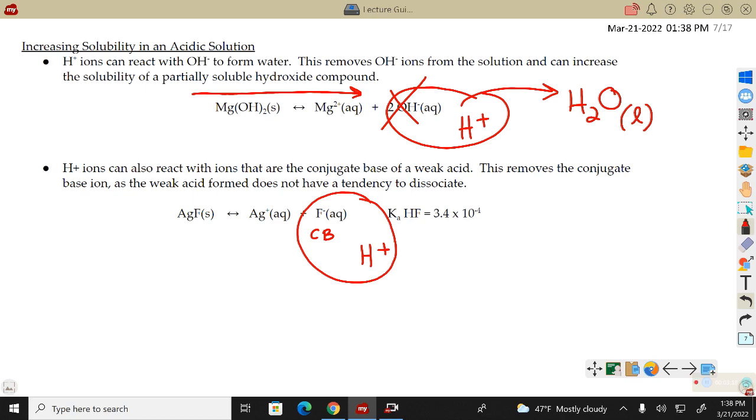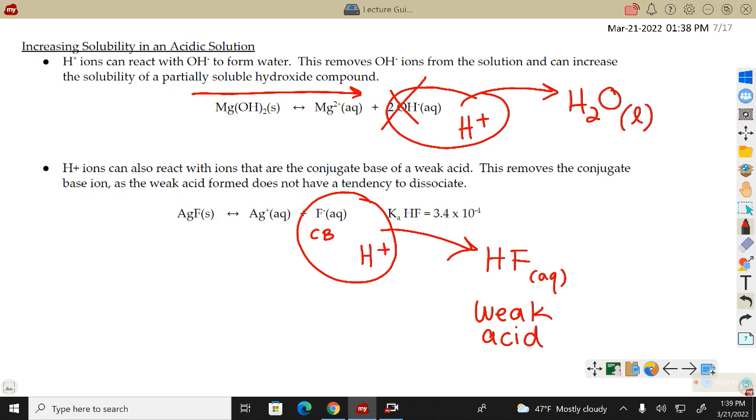And so the hydrogen from the acidic solution could react with the fluoride, and together they would form HF, hydrofluoric acid, which even though I would label it as aqueous, it's a weak acid. And I know that weak acids do not extensively ionize. I mean, this thing might ionize by less than 5%.